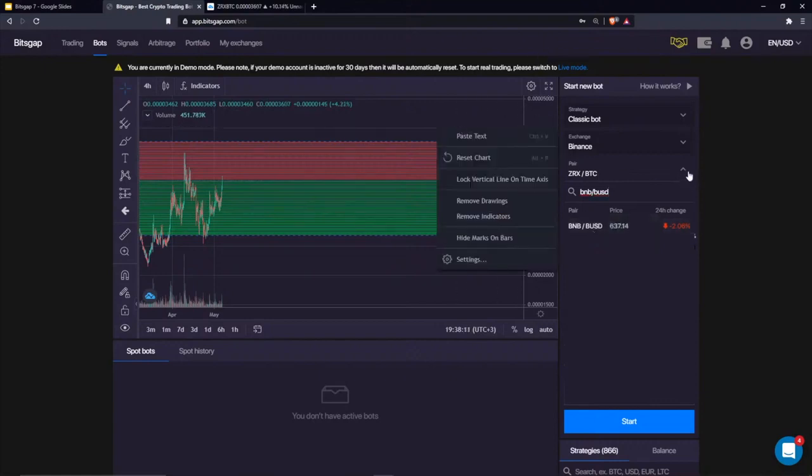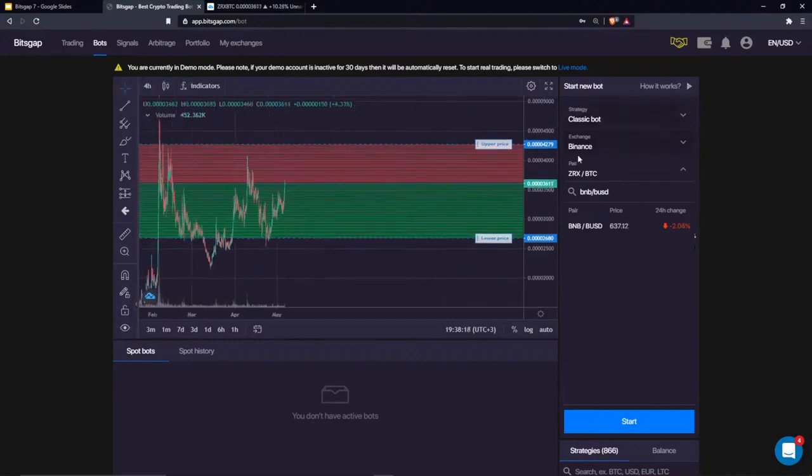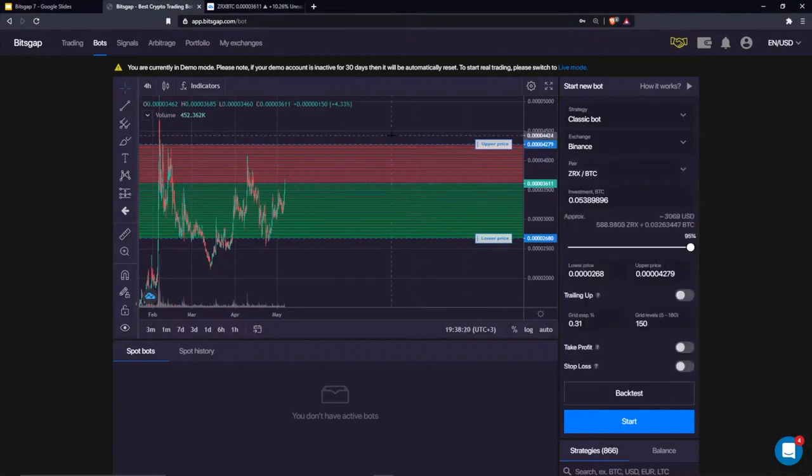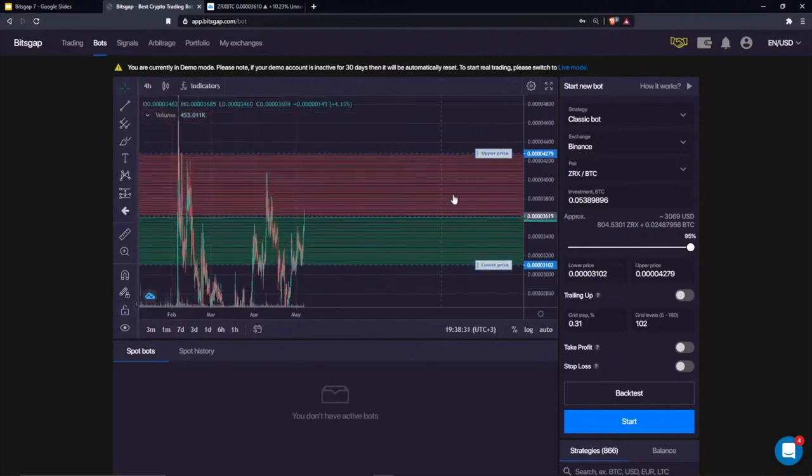Yeah, the built-in risk management advantage of Bitsgap automated bots is that you never enter the market by 100%, because in this configuration you have these buy limit orders and limit sell orders.